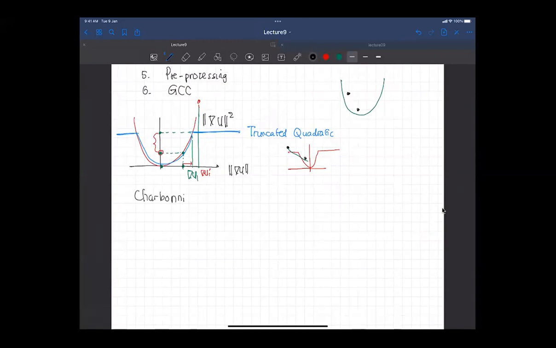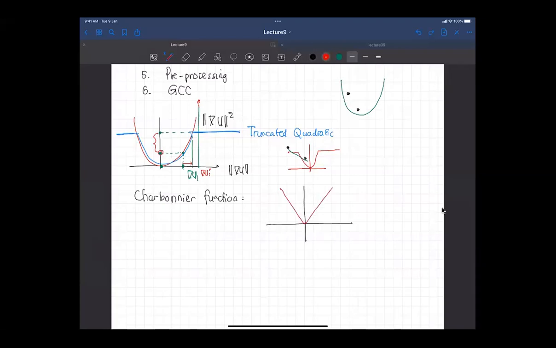the Charbonnier function. The Charbonnier function is somehow convex and non-convex at the same time. I mean, it can be convex or non-convex depending on the hyperparameters.